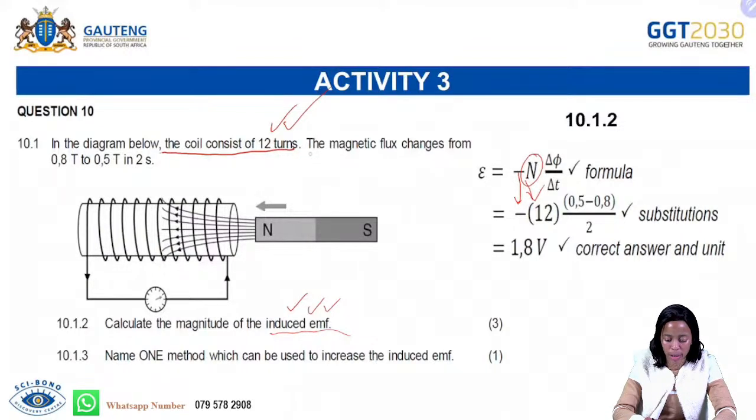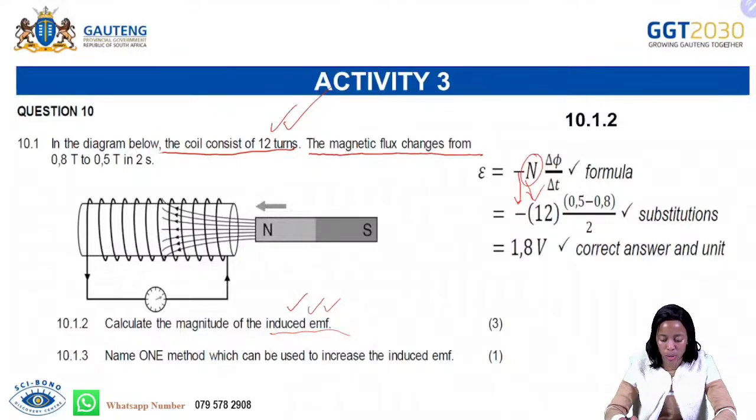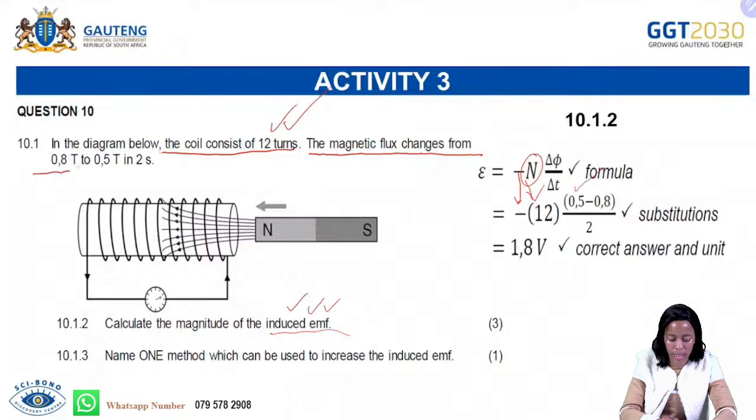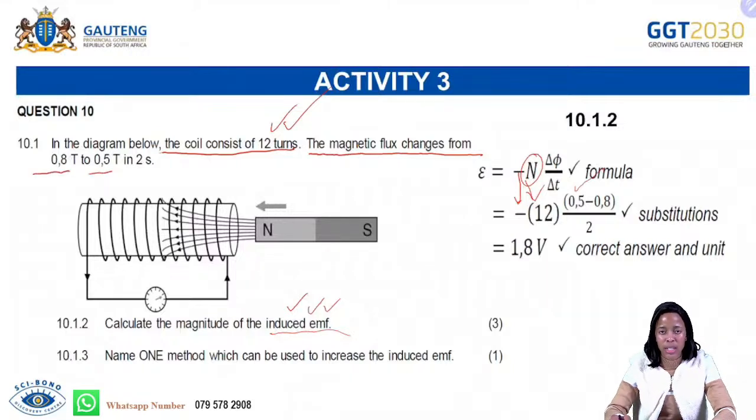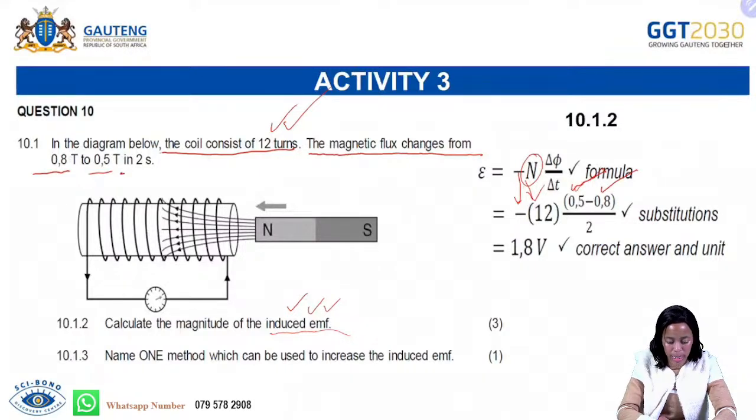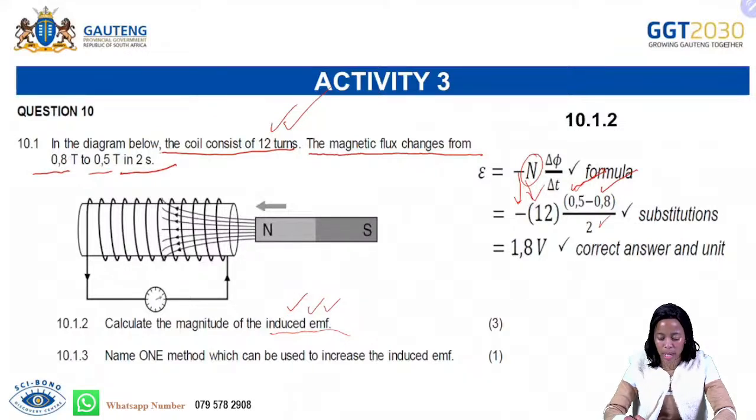It says that the magnetic flux changes from, so it would be the magnetic flux final. It changes from 0.8 to 0.5 Tesla. So magnetic flux final minus magnetic flux initial, divided by the total time there. From there, we would then multiply whatever we have at the top and divide by 2.